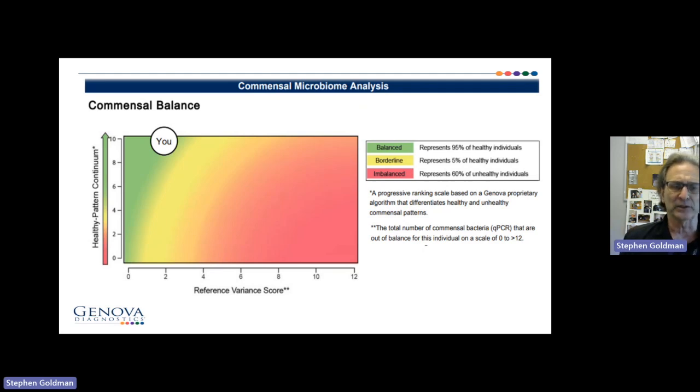That's what the reference variance score is telling us. The higher the score towards 12, the more you're seeing measurements at the high and low edges of the reference ranges, whereas in healthier individuals, it tends to be more of a middle ground.